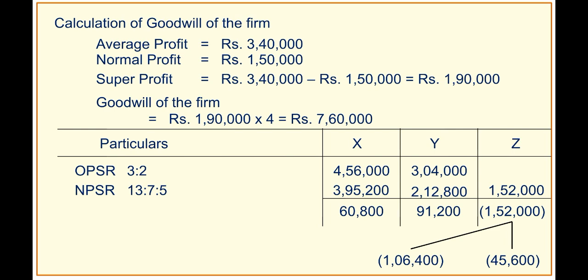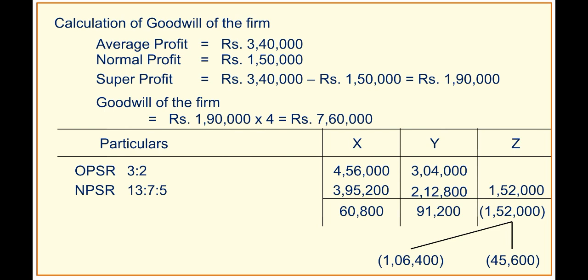That is, you will divide Z's goodwill, or the incoming partner's goodwill, by his share of profit to arrive at goodwill of the firm. Because we are distributing goodwill among all the partners, we need to find out goodwill of the firm.